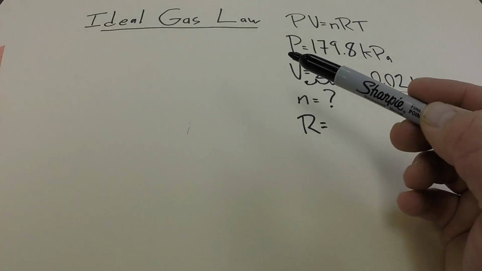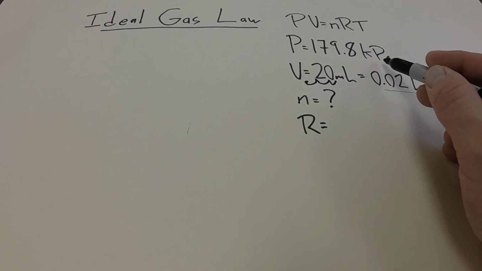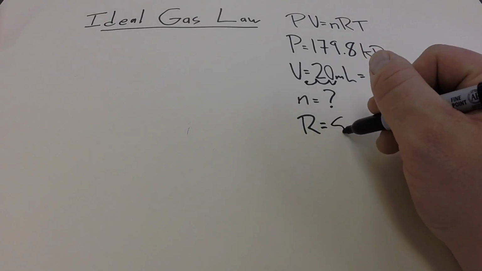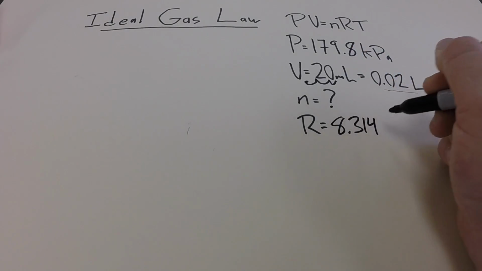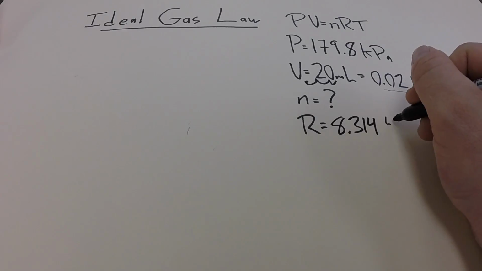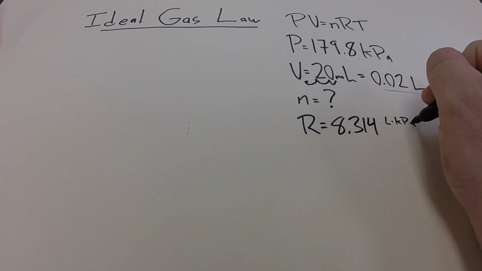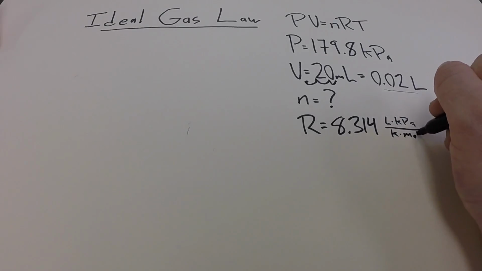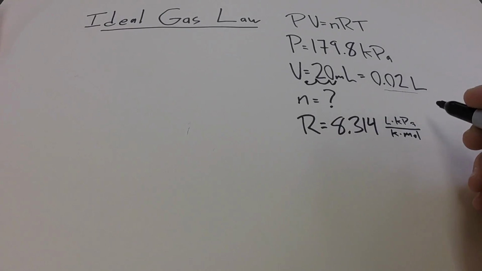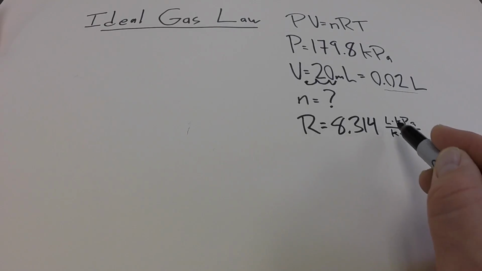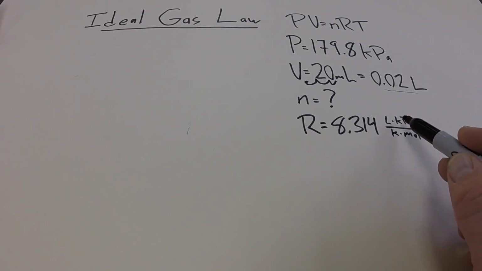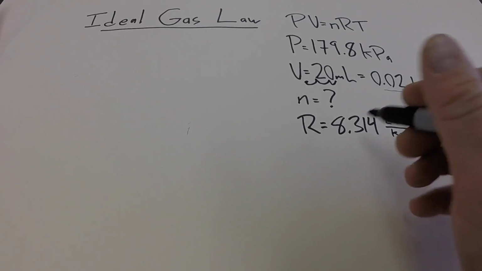Here, kPa is our pressure unit, so we're going to choose the R value based on kPa, and that's 8.314. The units for that are liters kPa over Kelvin moles. When you do the problem, all the units cancel out except the unknown unit that you're trying to solve for. In this case, that will be moles.